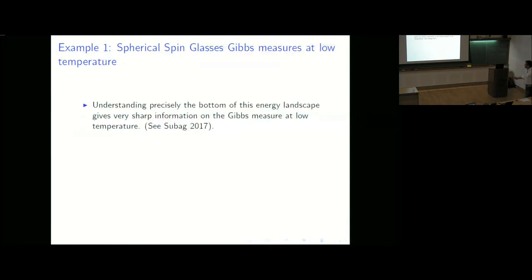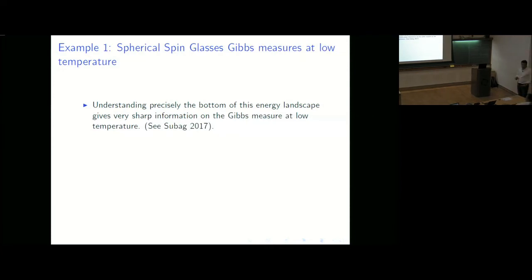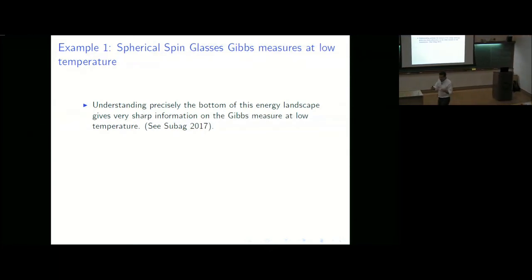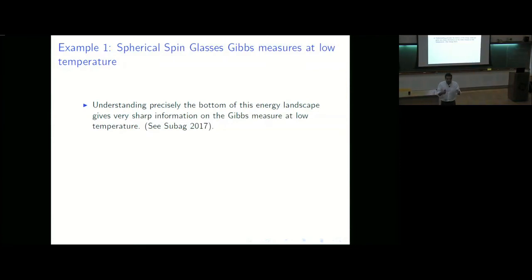Okay? And so there are recent works. For instance, understanding precisely the bottom of the energy landscape gives very sharp information on the Gibbs measure at low temperature. For instance, you can see Subag in 2017. Here you can really see, of course, this detailed information will give the well-known things in physics, which is that the overlap structure is hierarchical, that you have one RSB, one replica symmetry breaking, but it gives you much more.